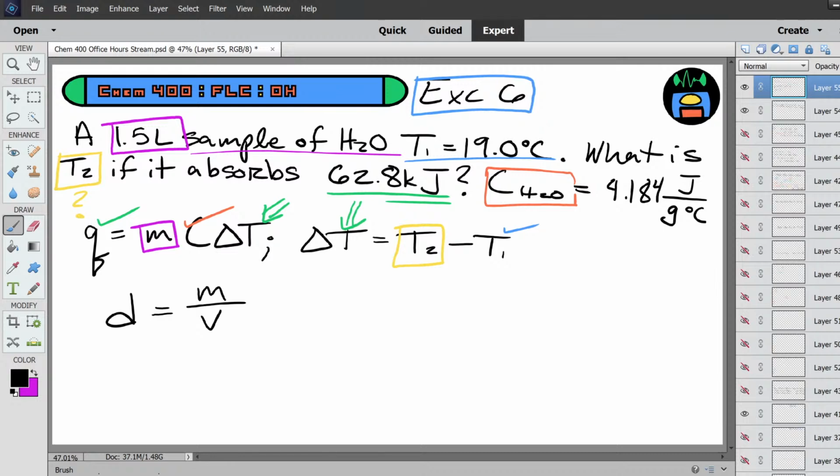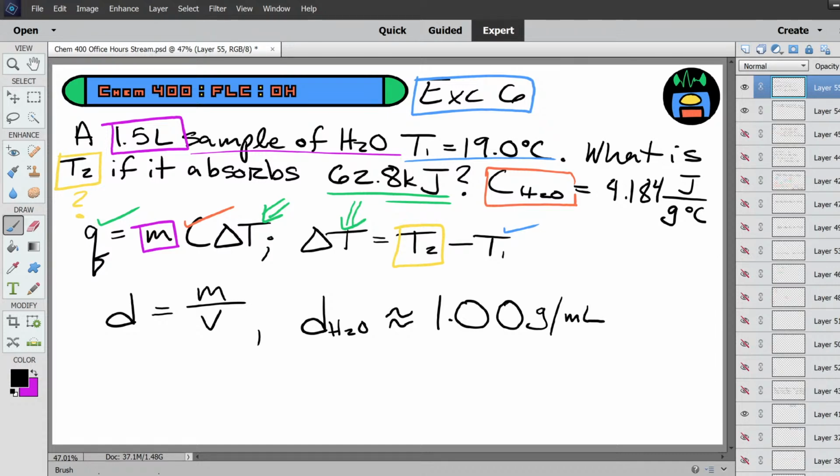It's multiple choice, so you don't have to enter the exact numeric value. And the density of water is always around 1.00 grams per milliliter.